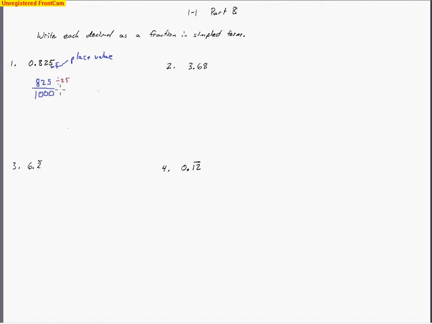To figure out what that is, all I'm going to do is think about quarters. So $8.25. Think of it this way, 825 pennies, basically. So $8, how many quarters would that be? Well, 4 times 8 makes 32, and then plus the 1 extra quarter makes 33. So 33 quarters there.